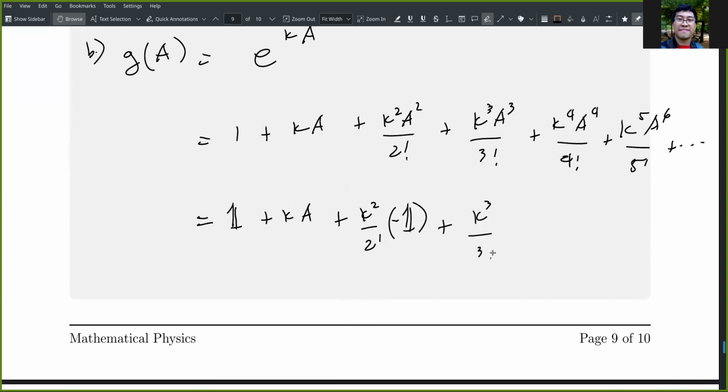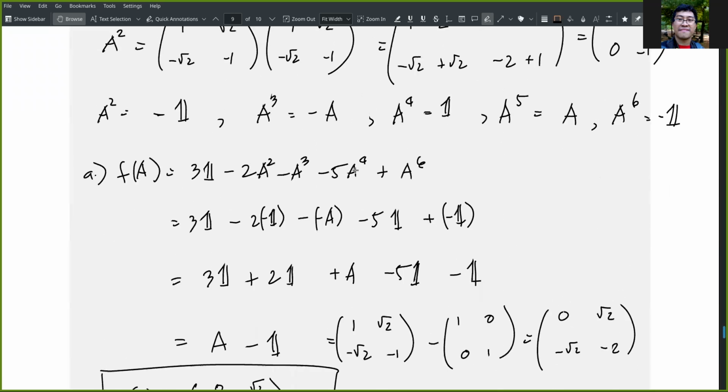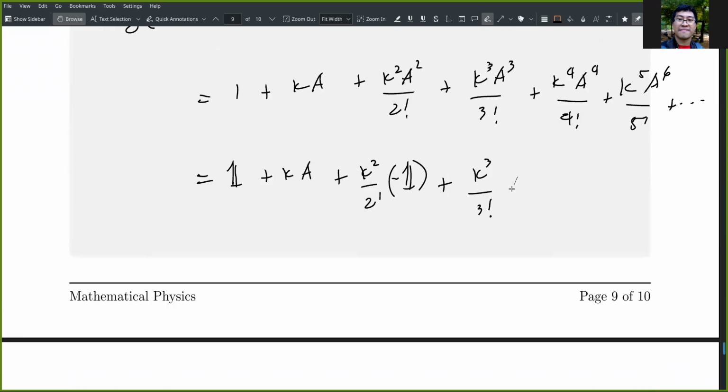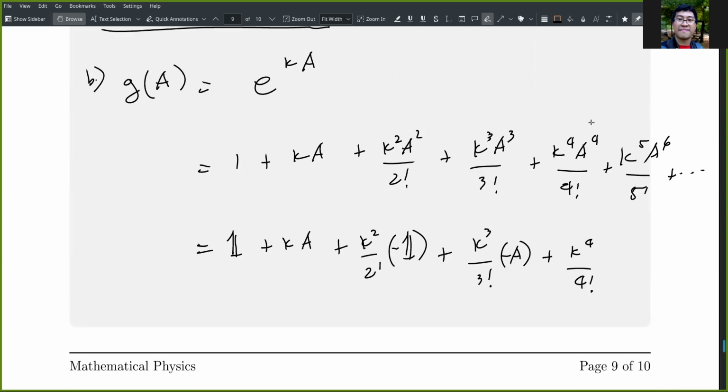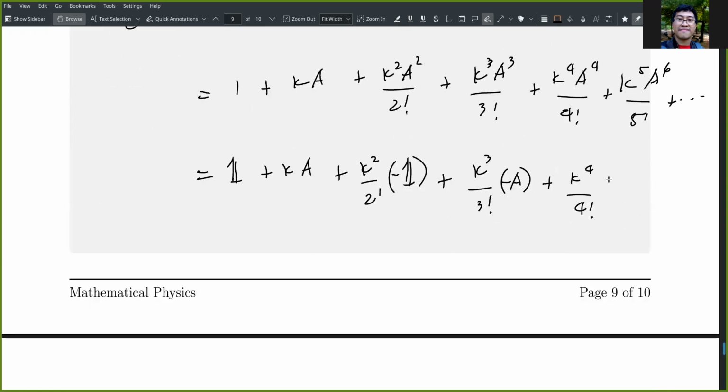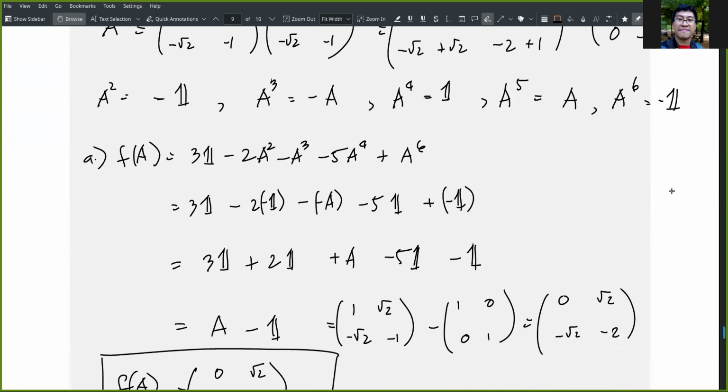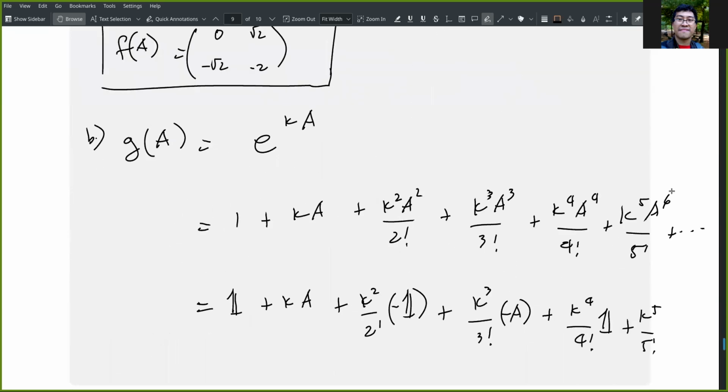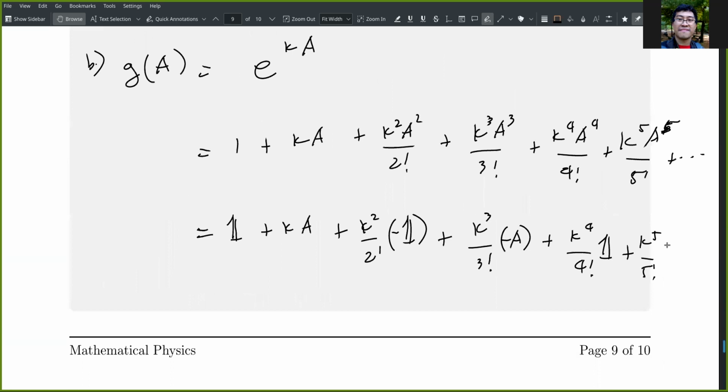K cubed over 3 factorial times A cubed, which is negative A. Plus k fourth over 4 factorial times A fourth, which is 1. And then k5 over 5 factorial times A5, it goes back to A, and so on.